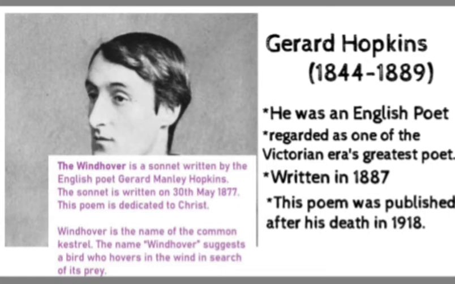So the name Windhover suggests a bird who hovers in the wind in search of its prey. The name refers to the bird's ability to hover in mid-air while hunting its prey. So hover means staying in the same position, or remaining in one place in the air.